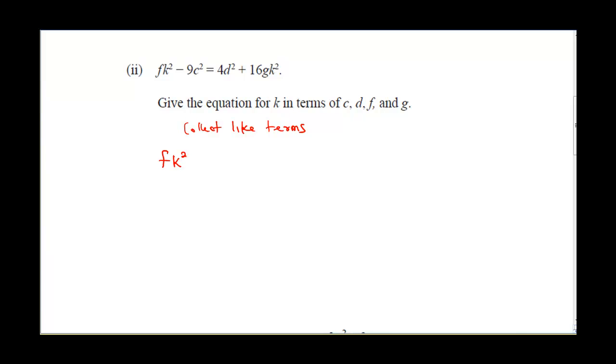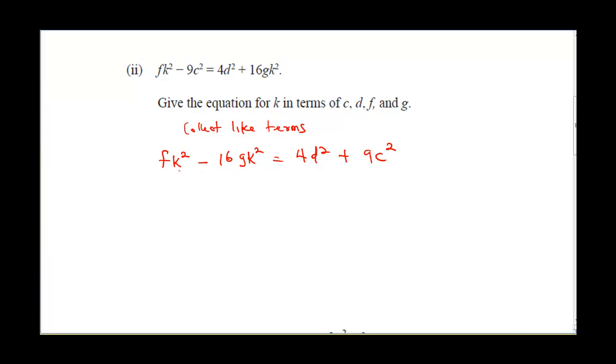So we have FK squared plus 16GK squared crossing over the equality sign, which is going to be minus 16GK squared. It's equal to your 4D squared. Now, because this has no K, we are going to move it over. So it's going to be plus 9C squared.